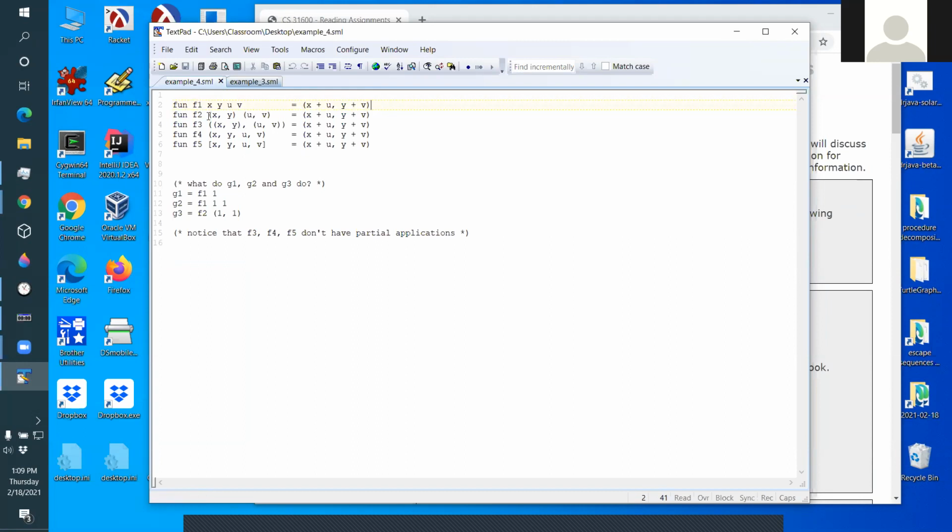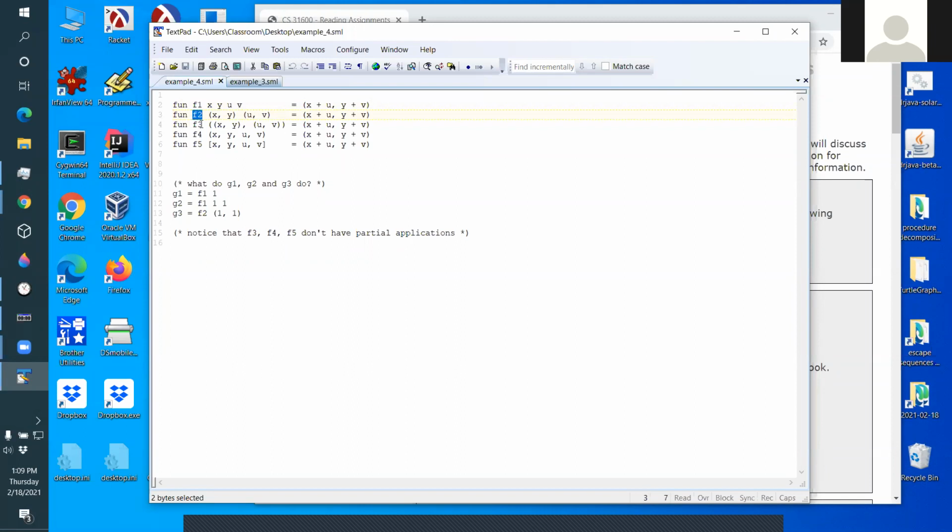Now this one takes in 4 numbers, but see, this took in 4 numbers, which turned out to be ints. Here, from over here, we know that these are all ints. But this is 2 pairs of two numbers each. So F1 and F2 are not the same thing.